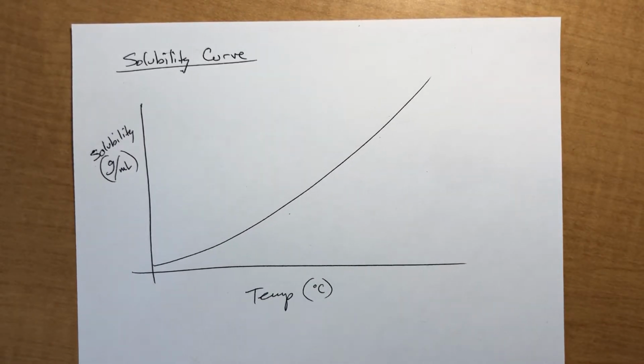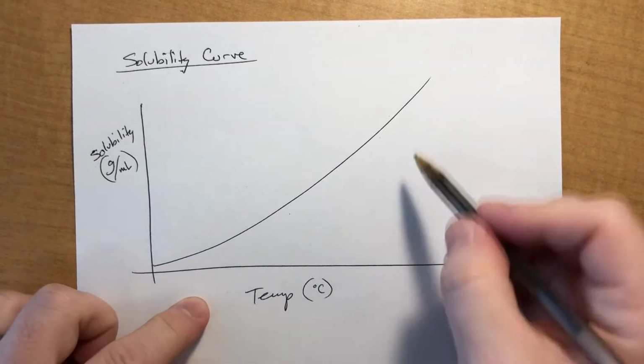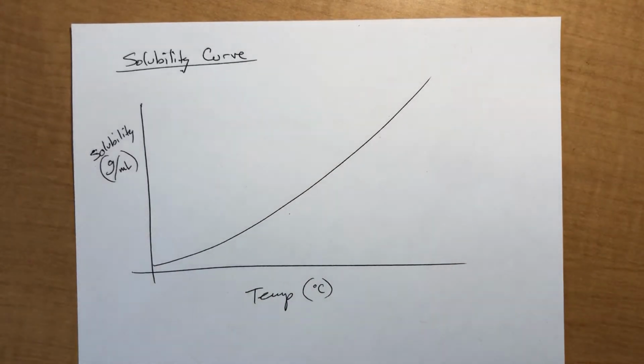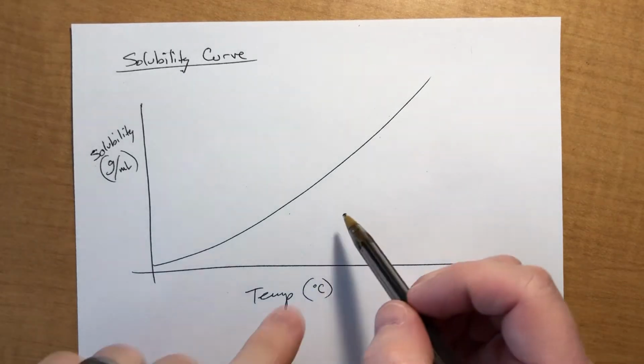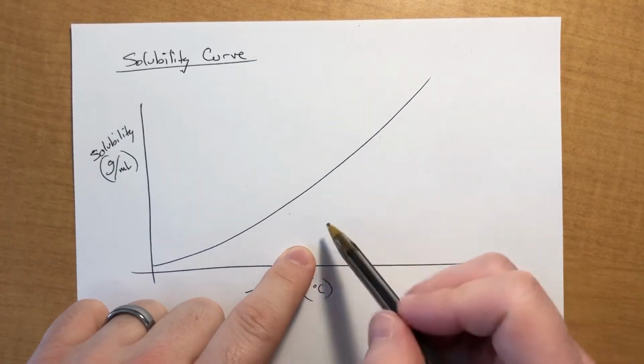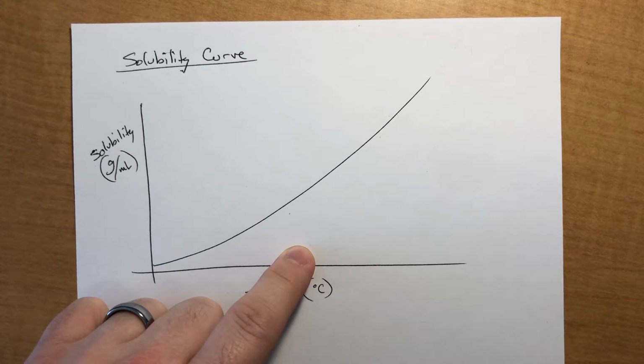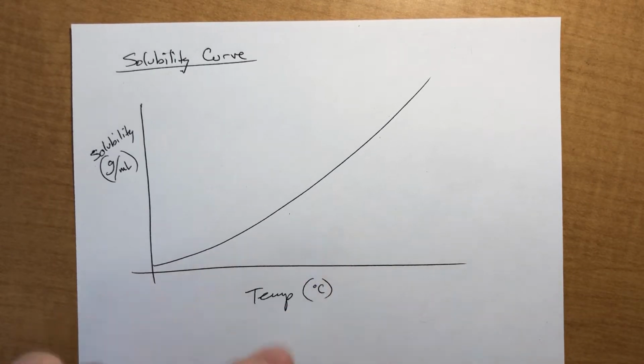Okay, so as you increase the temperature, you can dissolve more stuff. Seems pretty logical. Okay, and if you are below this line, you have an unsaturated solution. Okay, you have everything dissolved.